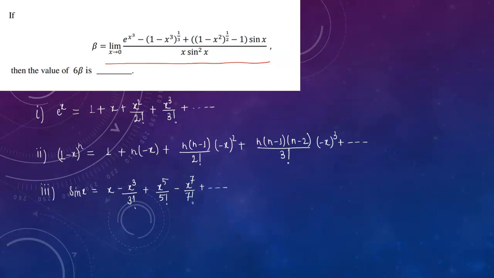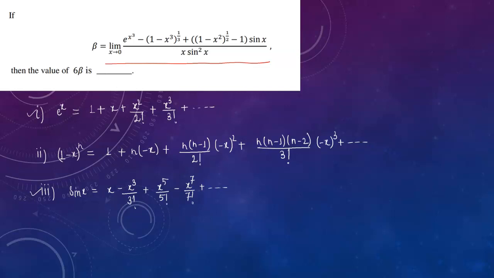All these expansions have come from Taylor's series, which can't be explained right now because it will make the solution lengthy. So I'm not going to explain how these expansions came.